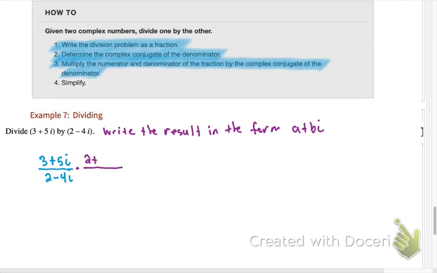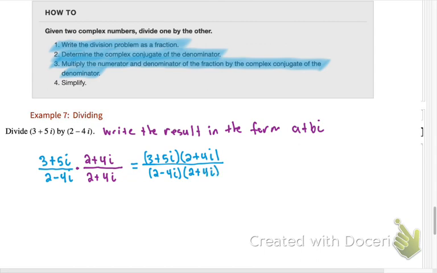In the denominator, we have 2 minus 4i, so we're going to multiply top and bottom by the complex conjugate. And what we get here in the numerator, we're going to have 3 plus 5i times 2 plus 4i. And in the denominator, we're going to have 2 minus 4i times 2 plus 4i.